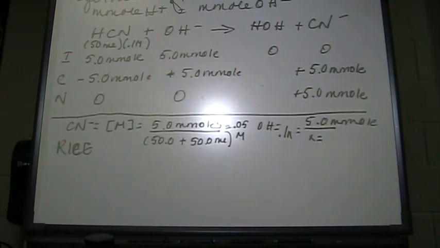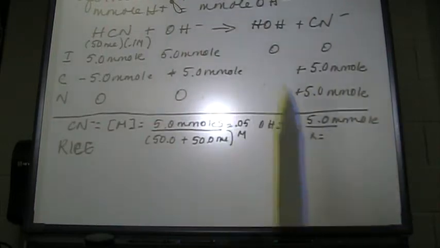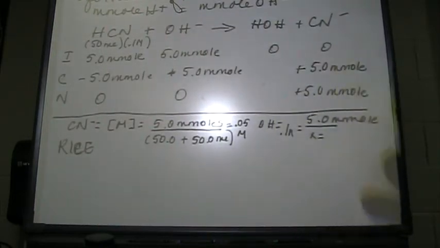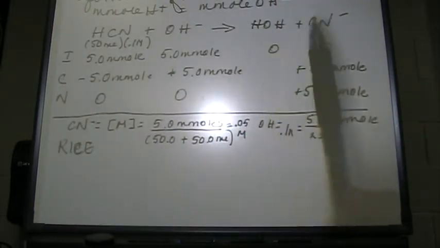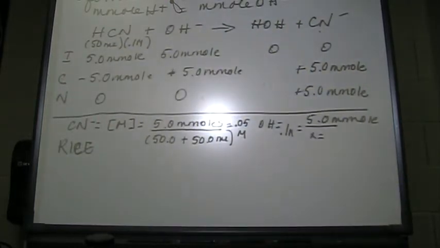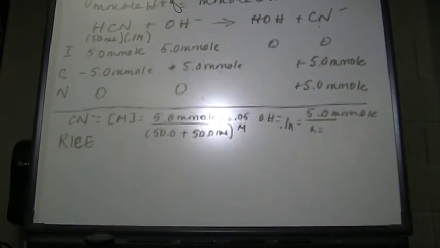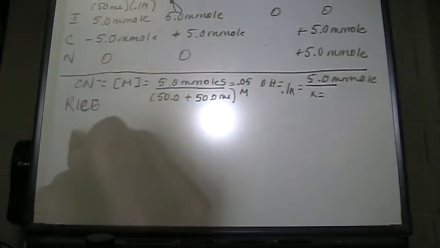Now this is where it gets just a little bit different and a little bit confusing. The only thing you have in the solution anymore is water and the conjugate base of a weak acid. What will happen here? Magic is not the correct answer.